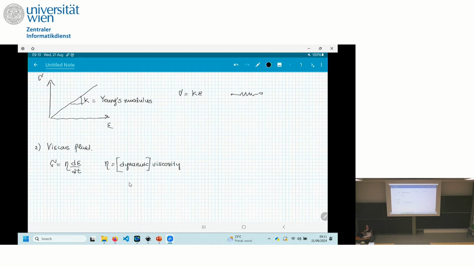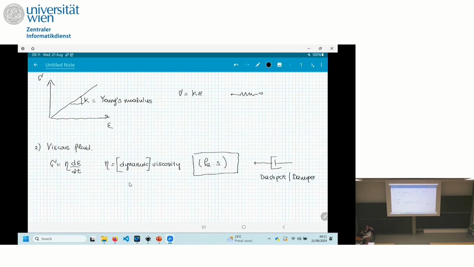And of course, we want to associate also this mathematical relationship to a graphical symbol, because that's going to be useful later on when we want to make more complicated models. And what's the symbol associated to this mechanical behavior? It is that of a dashpot or a damper. Good.